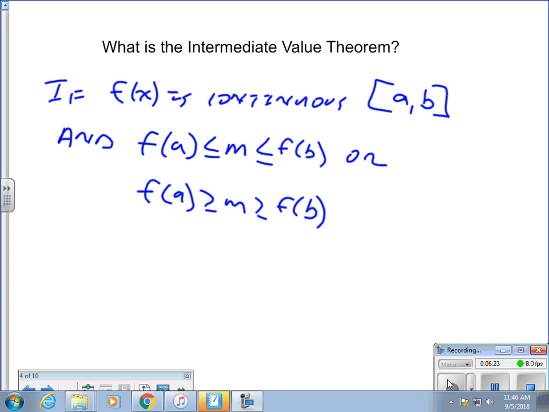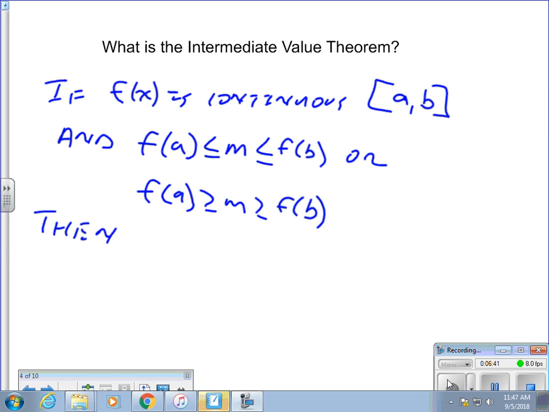If those two conditions are met, then everything is an if-then in a theorem. If this is true, then this is true. That's what all theorems are, if-then statements. If these conditions are met, then this is true.